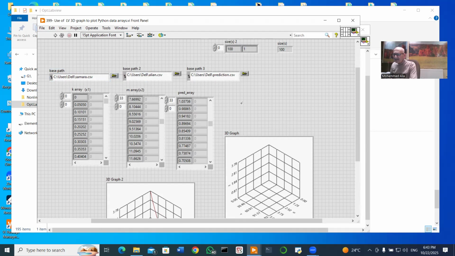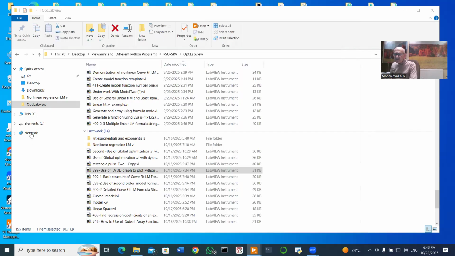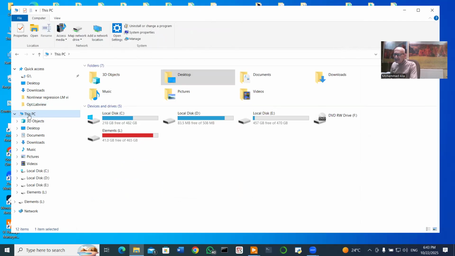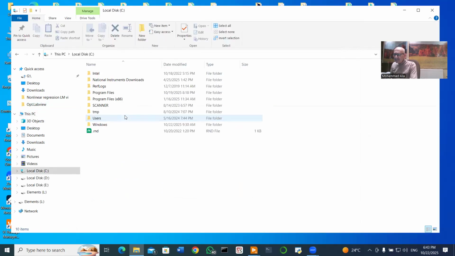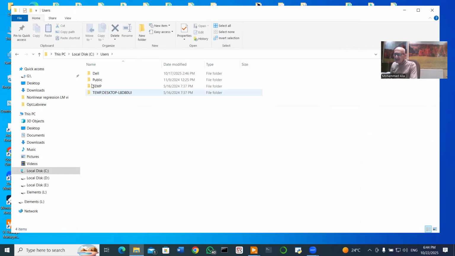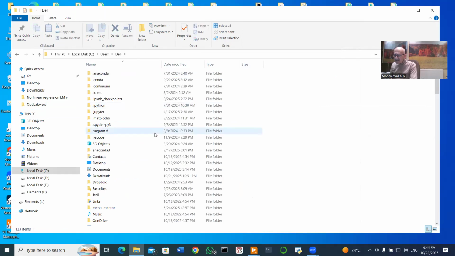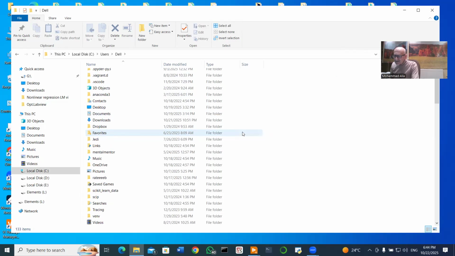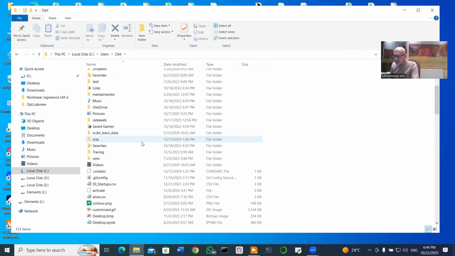If you want to look at them in the system, you go to the PC, to C, and Users, and to Dell, and here you will find these CSV files already. Here is Alien, for example.